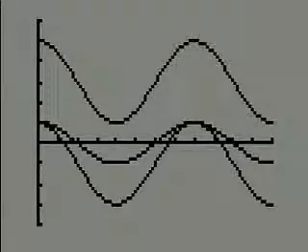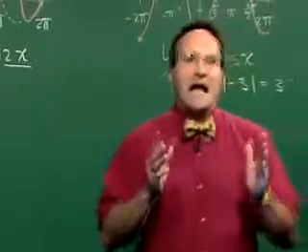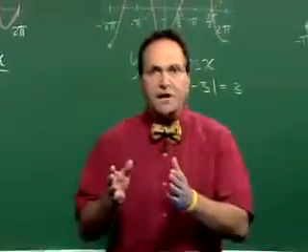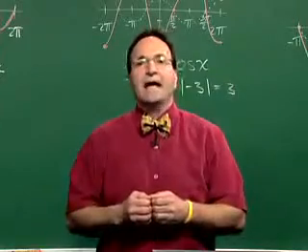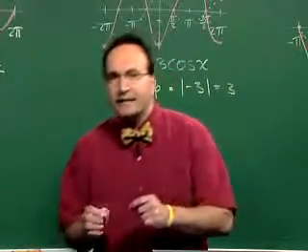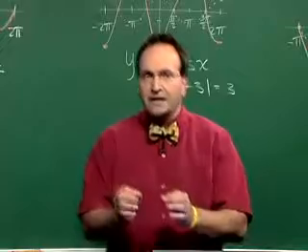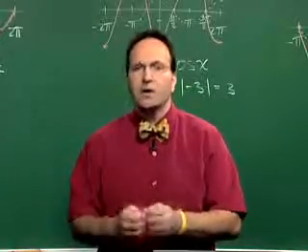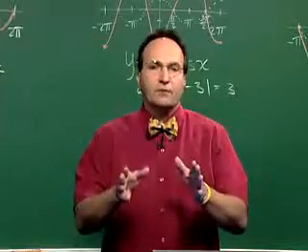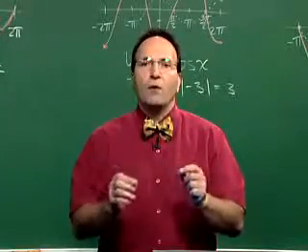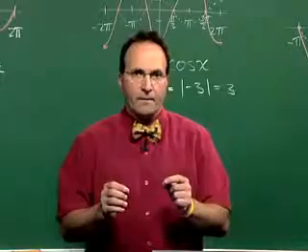So what we found then is that by adding a positive number, we've shifted the graph up. And by adding a negative number, or in other words, subtracting a positive number, we shift the graph down. What I'd like to do for you is formalize what we've just been going over.